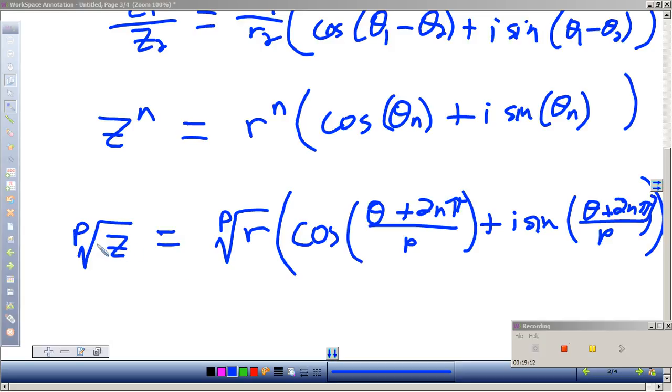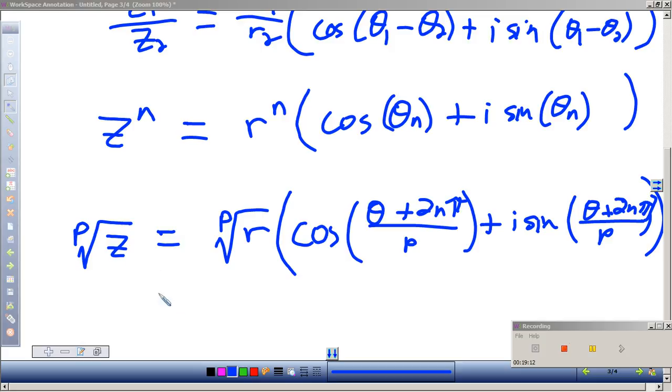Now, if I just said the square root, or p-th root, or fourth root of something, what's the complication in here? So what do you see over here that's not over here? What variable is over here that's not over here? n, yes. So n is a complication.